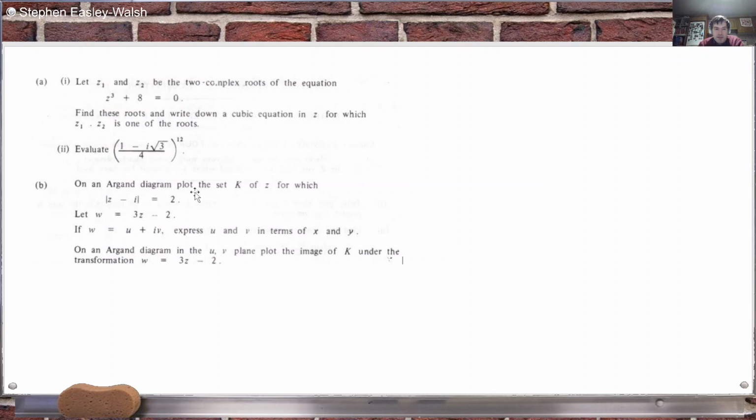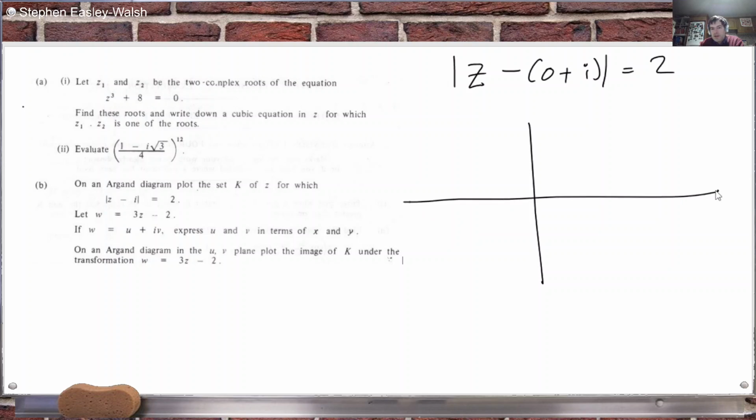On the Argand diagram, plot the set K. So again, I'd write it as the modulus of Z minus 0 plus i is equal to 2. So located at i is a circle of radius 2.